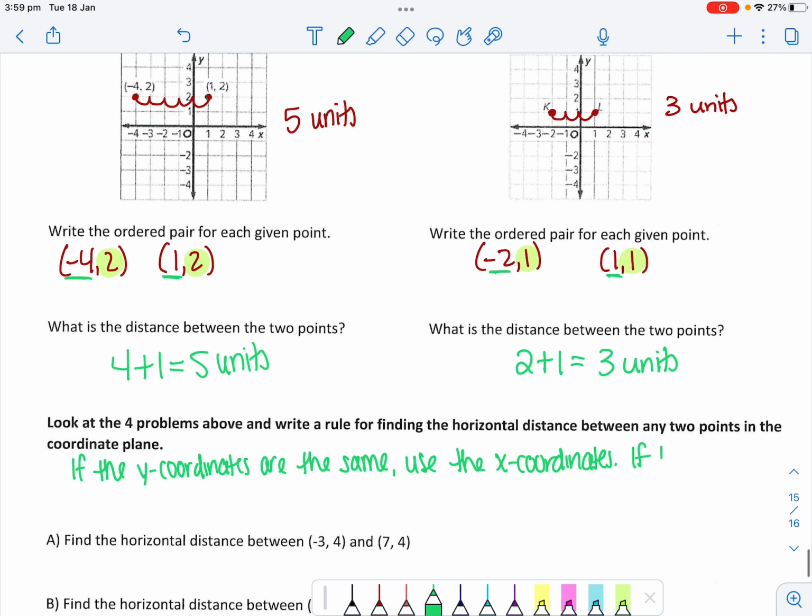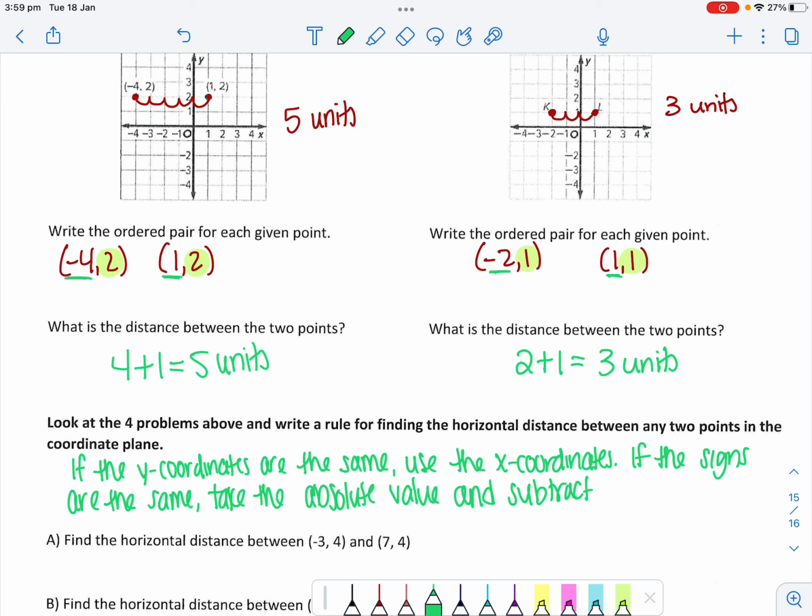If the signs are the same, take the absolute value and subtract. If the signs are different, take the absolute value and add.